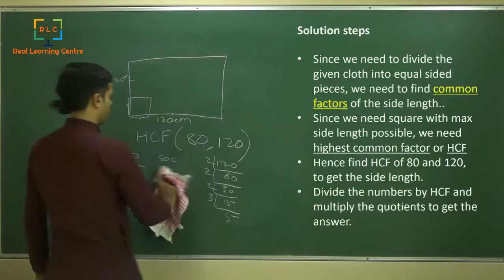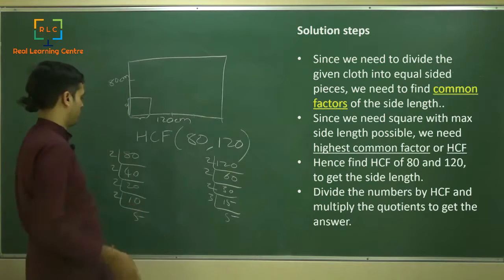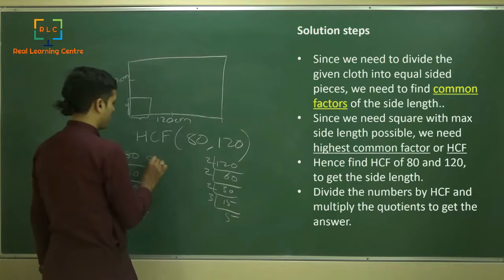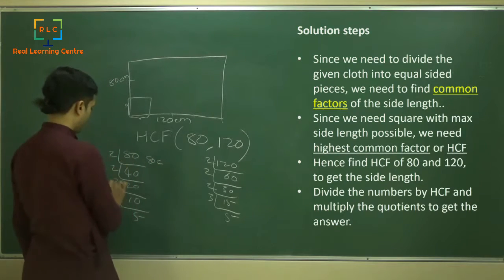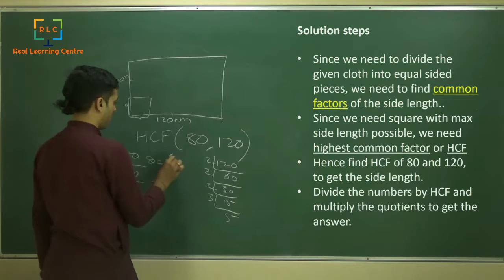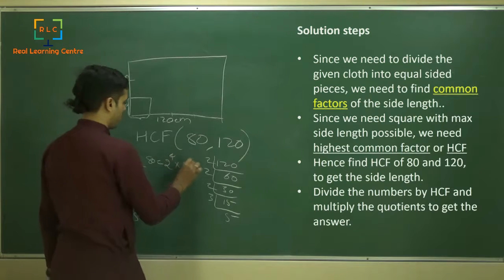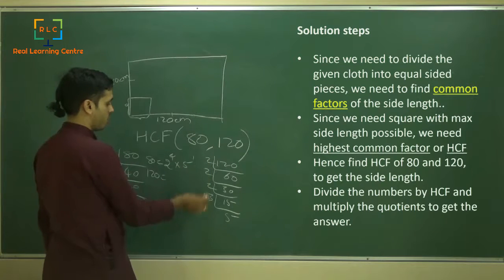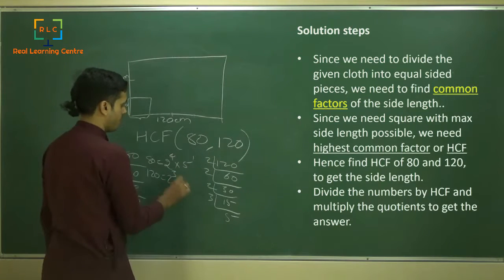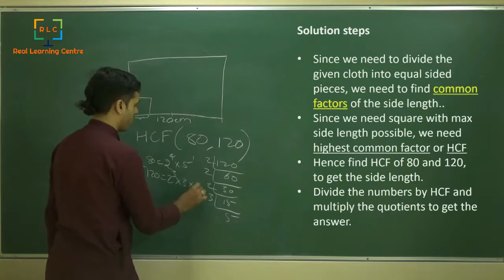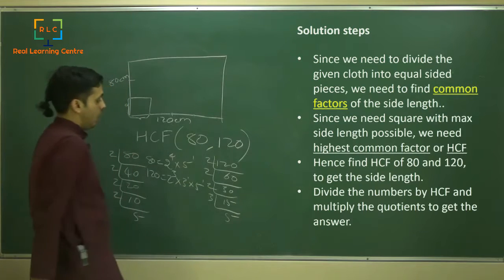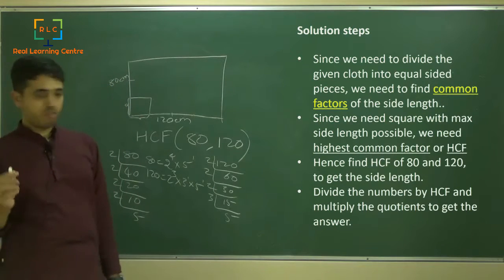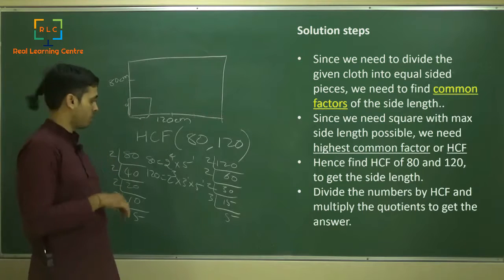Fine. So now I have to find the common factors. 80 is equal to 2 to the power 4 times 5 to the power 1, and 120 is equal to 2 cubed times 3 to the power 1 times 5 to the power 1. To find the highest common factor, if you remember, I have to take the least power.